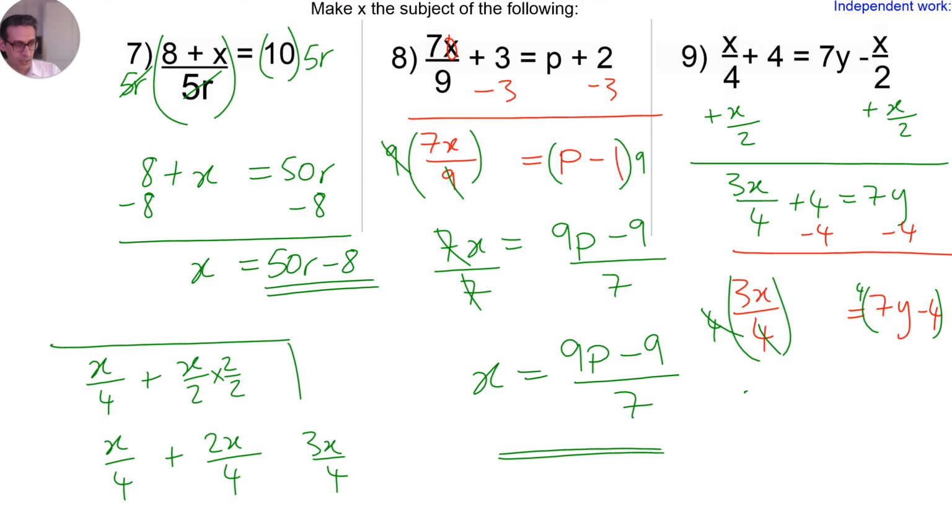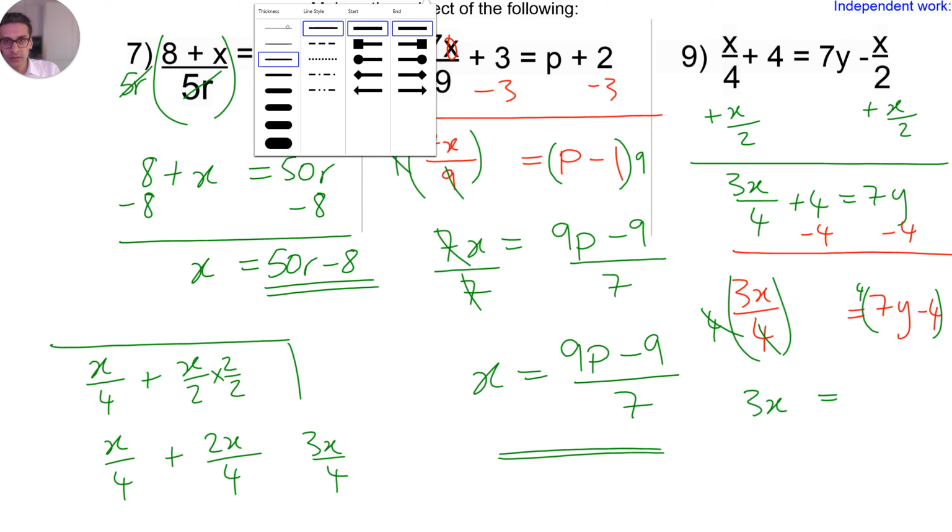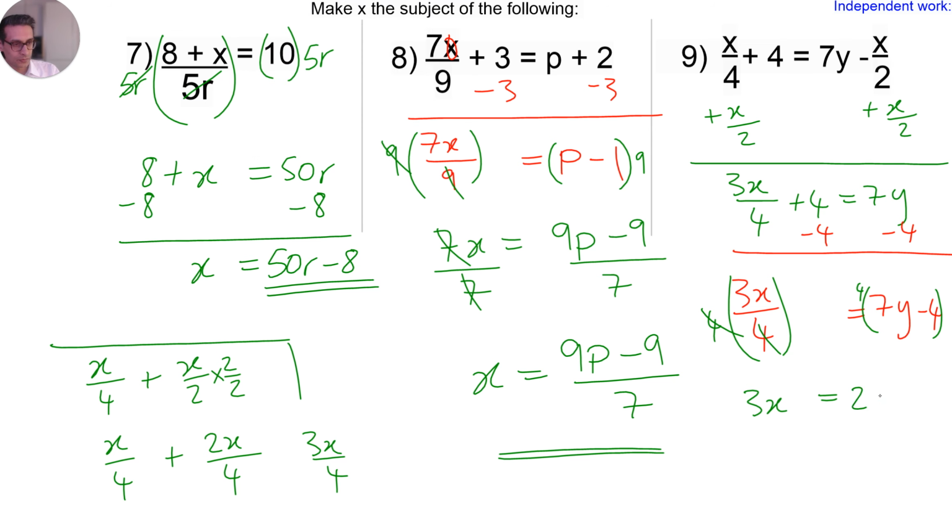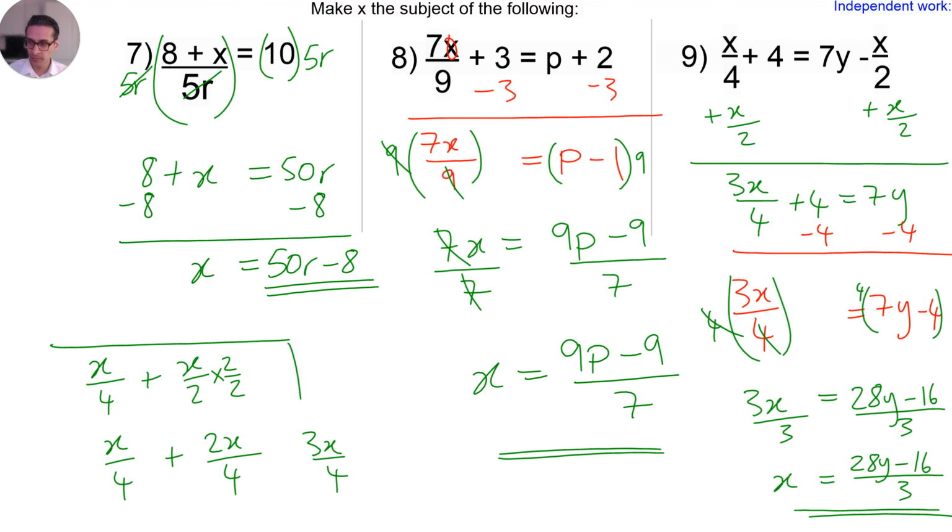Those cancel out, so you get 3x equals 4 times 7 is 28y, minus 4 times 4 is 16. Then we're going to divide both sides by 3. And that's going to be our last step. So x equals 28y minus 16 over 3. That is your final answer.